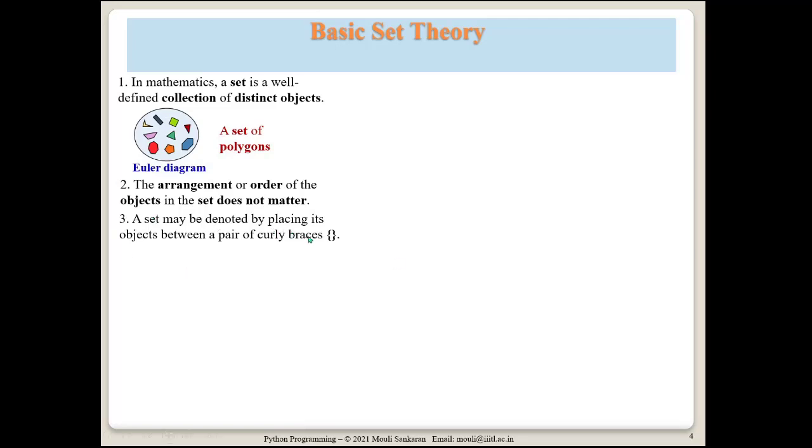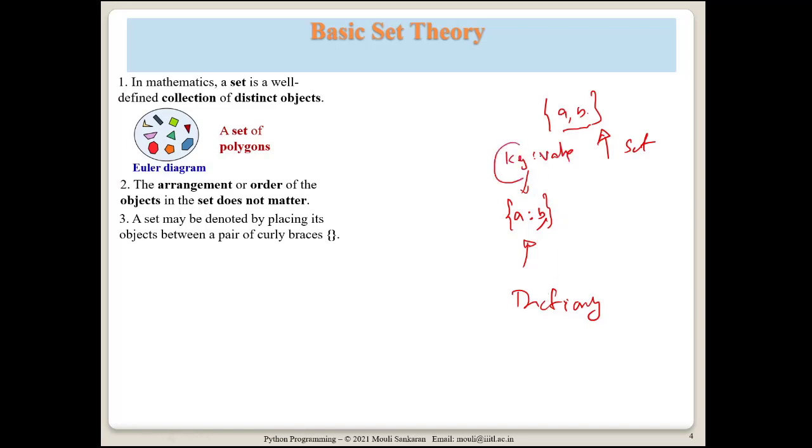A set may be denoted by curly brackets. This is common for a dictionary also. Now, how does the compiler differentiate whether you have a set or a dictionary? If you have a set of elements like this, it is a set. But if you have key-value pairs, then it is a dictionary. That means you have a key which refers to a value.